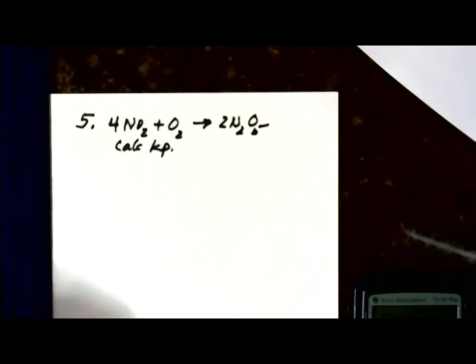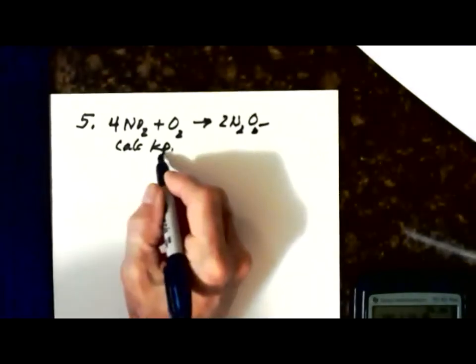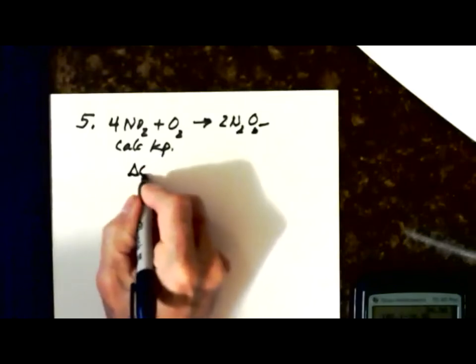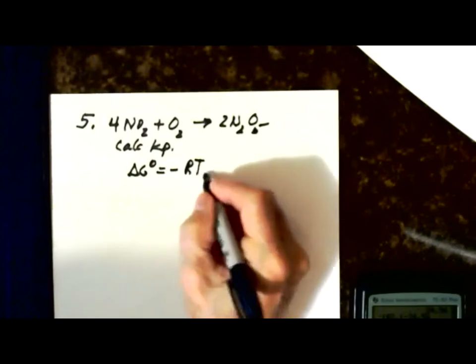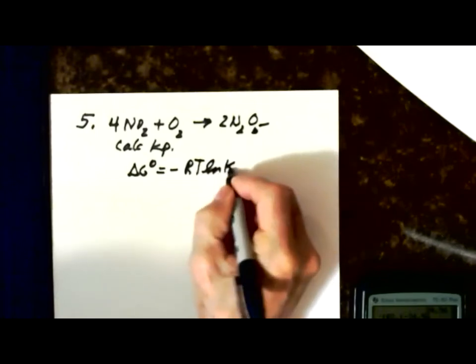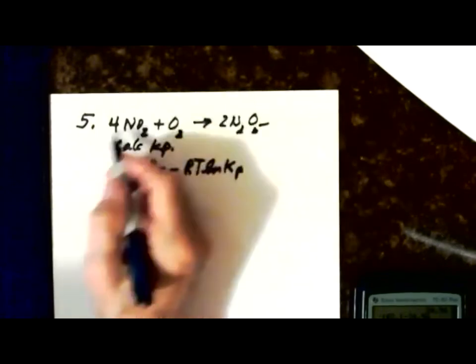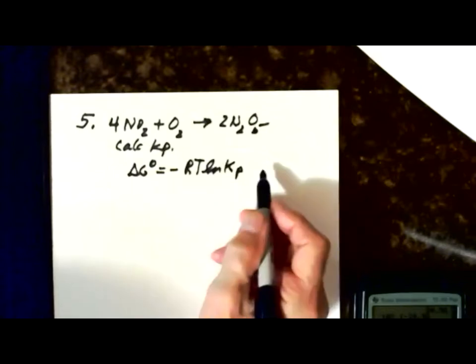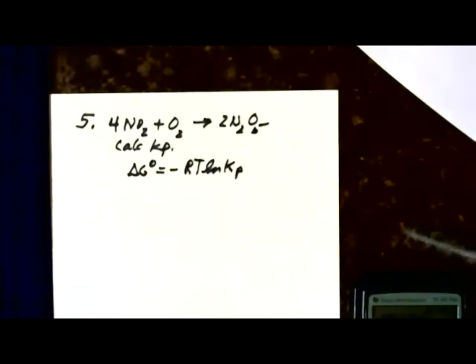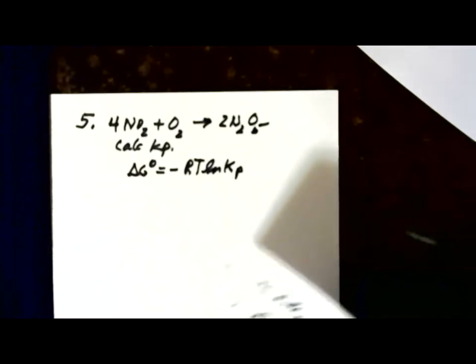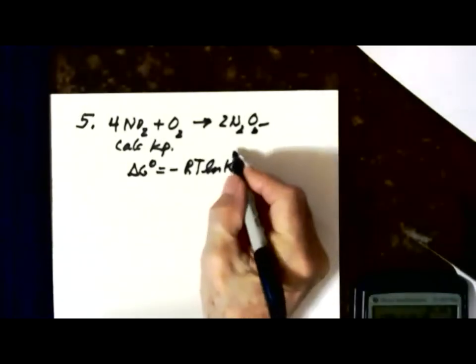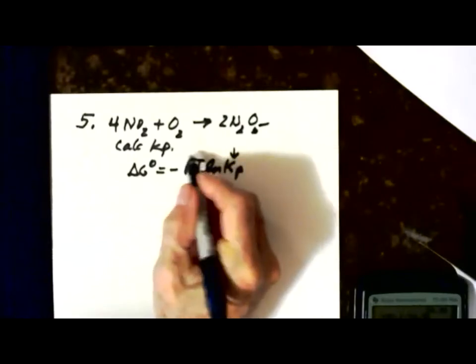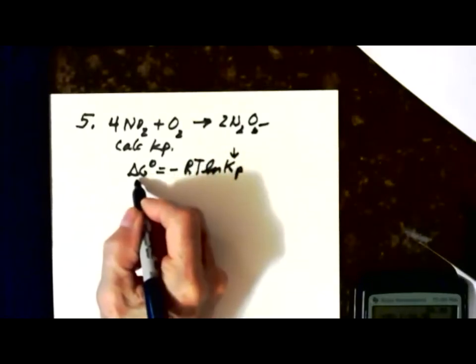All right, so now let's go ahead with it. Then I need the relationship. I need delta G superscript is minus RT ln of Kp. So again, analyze the problem, put the relationship in, plug in what you know, and solve for what you can. Now, I need to get to Kp. I know R, I know T, I need delta G superscript.